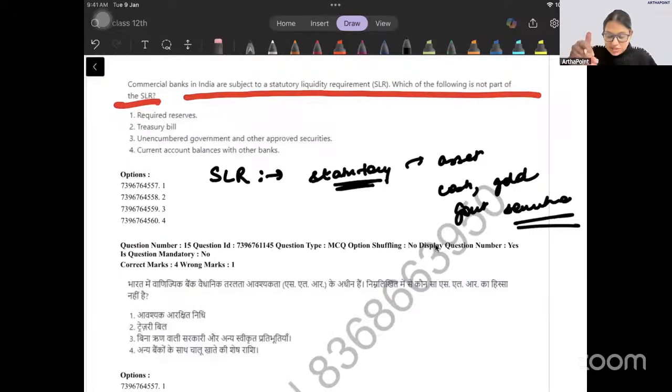These are the reserves which are different from your excess reserves, right? Which are kept by the bank in form of assets, cash, gold, etc. Okay. So for this one, the correct answer to this question will be 1. Required reserves. This is the correct answer to this question.